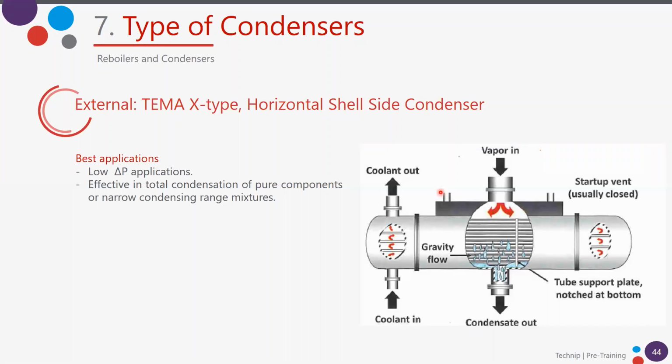It means that with 3 shell side nozzles, we will have here 1, 2, and 3, and the vapor will flow down across our tube bundle, where it gets condensed and goes out with the bottom shell side outlet nozzle.